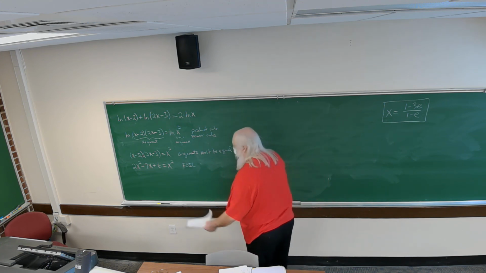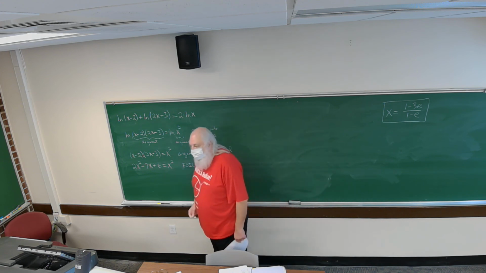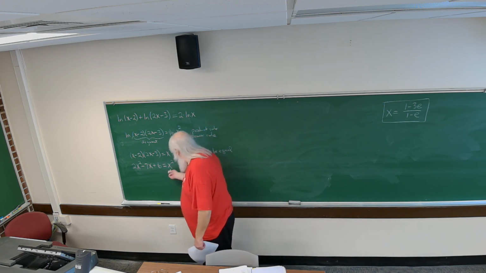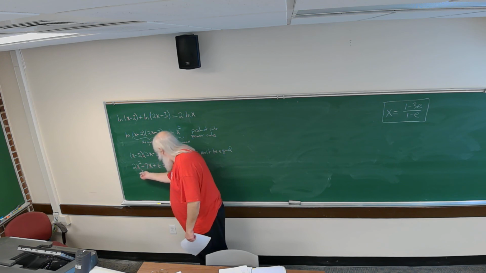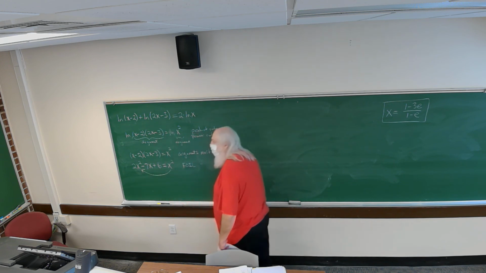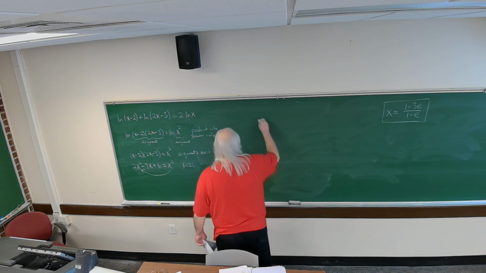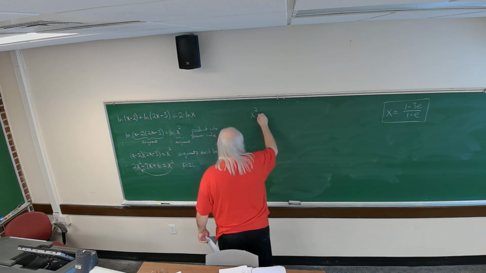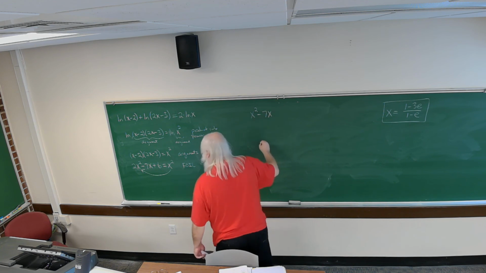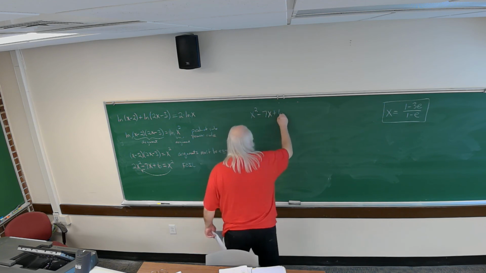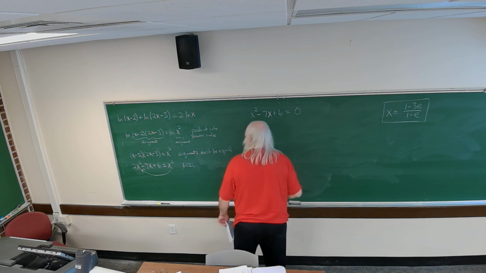So this is now shaping up to be a quadratic equation, isn't it? We'll move the x squared to the left side by subtraction. 2x squared minus x squared is x squared. So x squared minus 7x plus 6 is equal to 0.